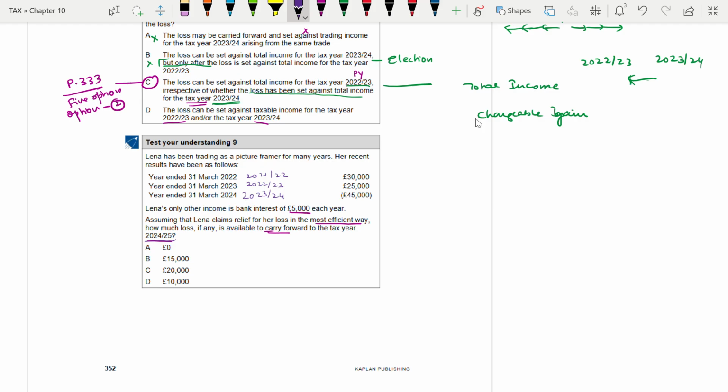Current year and previous year you have to take.